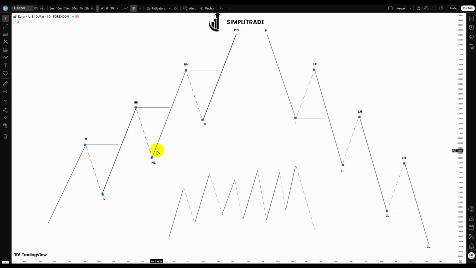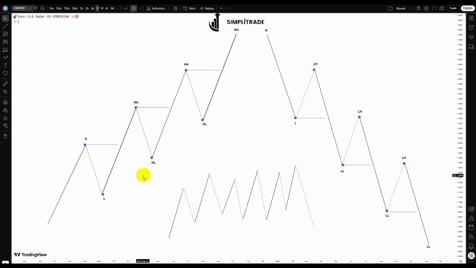And then we have again an impulsive movement to the upside, breaking the previous swing high, breaking the previous higher high, creating a new high, which is a new higher high, because it is higher than the previous higher high. And now we have a pullback to the downside, creating a low, and it is a new higher low because it is higher than the previous higher low.